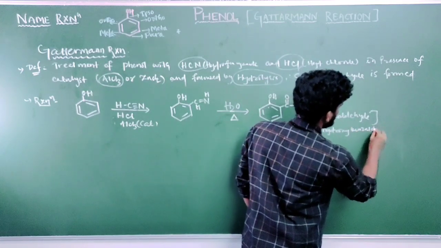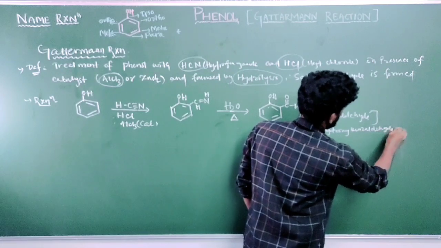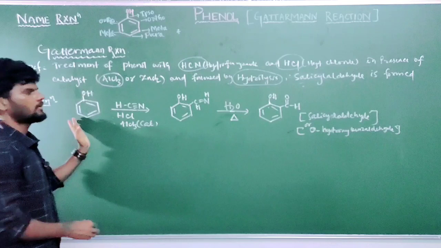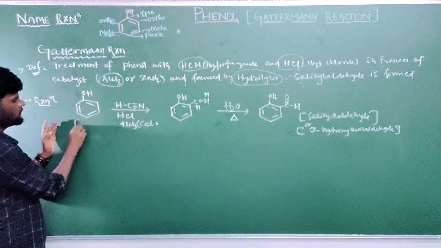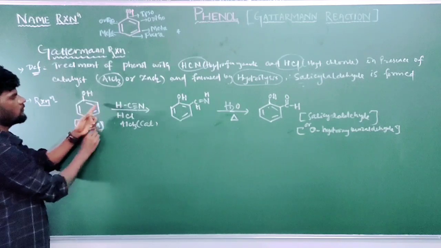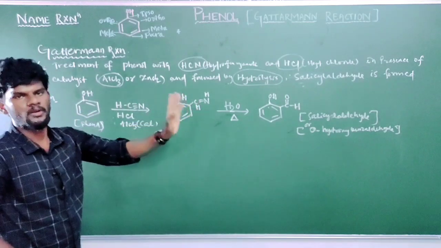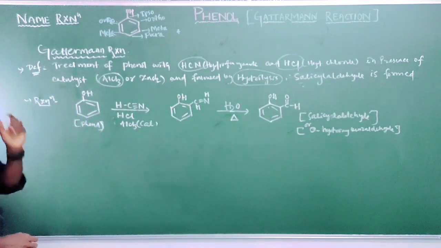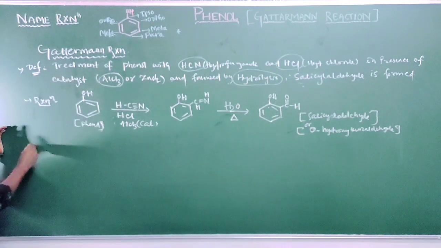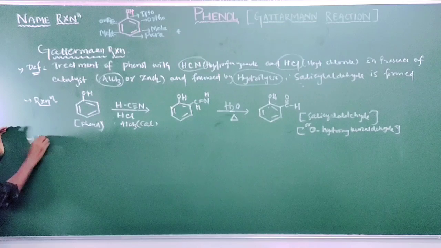One aldehyde group is just attached to the ortho position of the phenol ring starting material. This is phenol starting material, and at our ortho position there is CHO group attached, aldehyde group attached. So this is the whole definition and reaction.